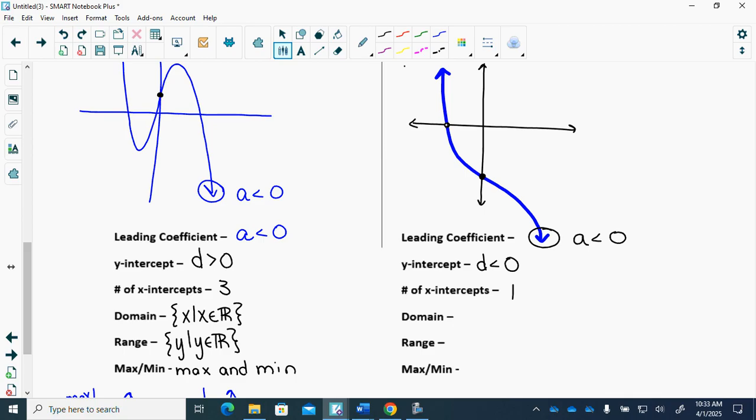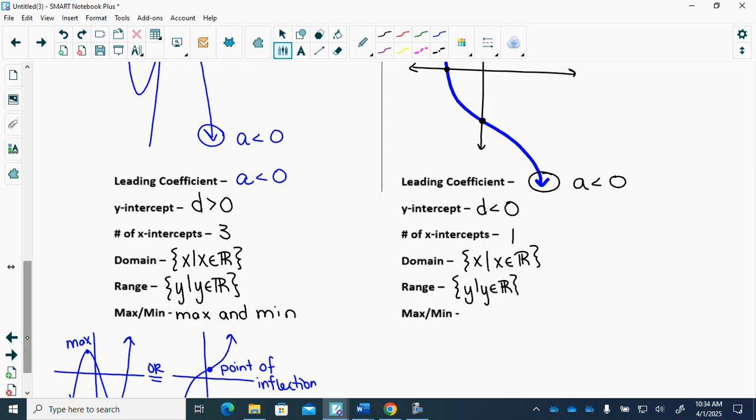What's the domain of it? It discos. What's my domain? X is in the reals, and what's my range? Y is in the reals. What are the max and is there a max and a min on this one? No. No max or min.